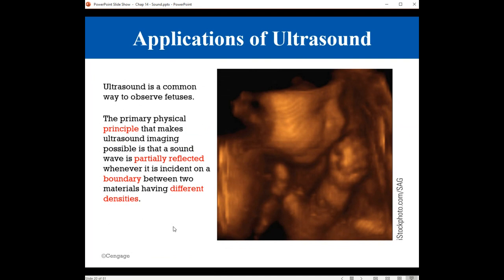So we use an ultrasound source, probe, electrode, and the ultrasound waves reflect partially from the fetus, and wherever there is a change in the density, there will be a new reflection. Usually the reflected sound waves are recorded and taken back to the computer screen, and this way we can see the details of the image of the fetus.